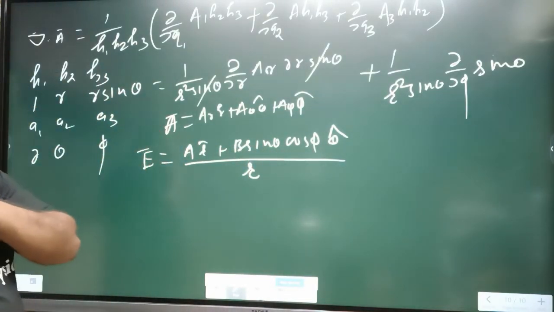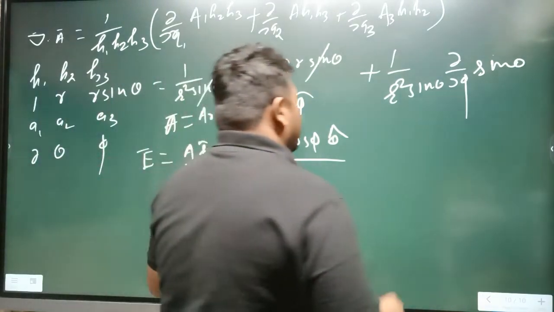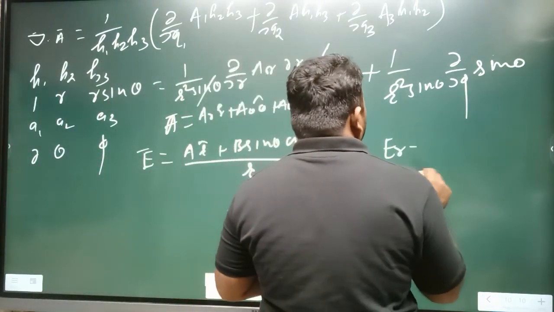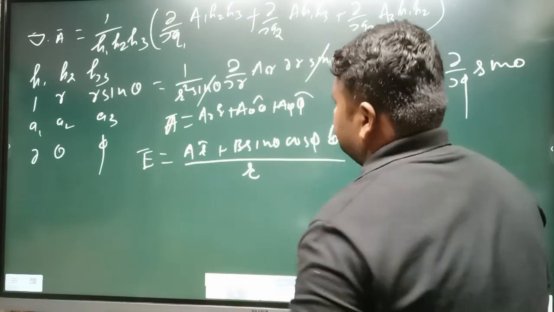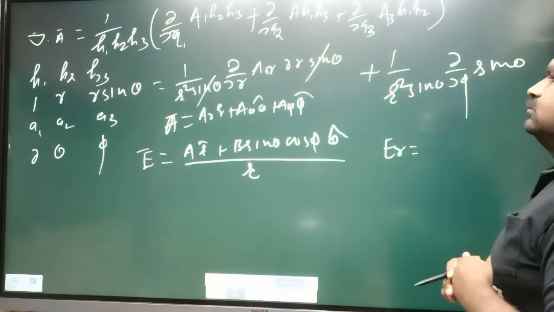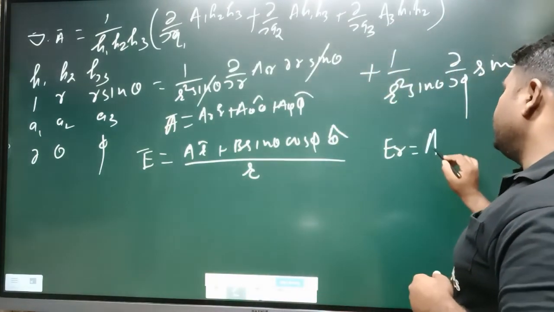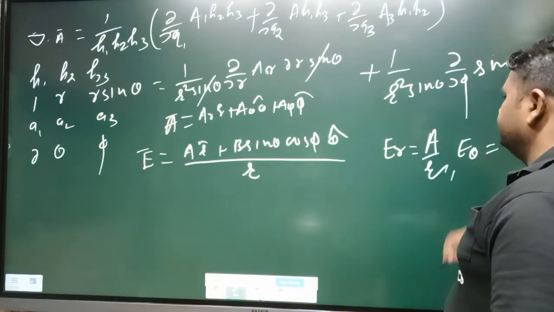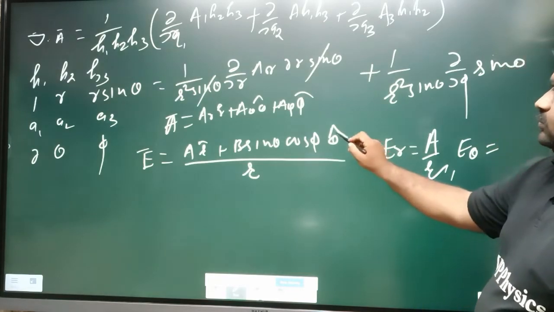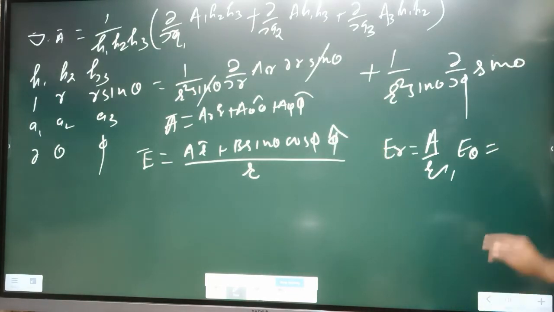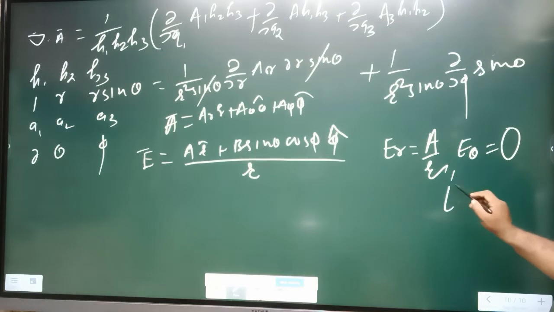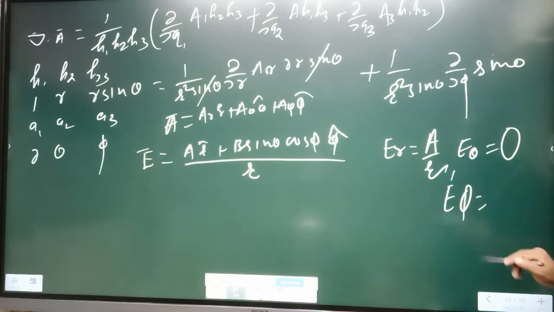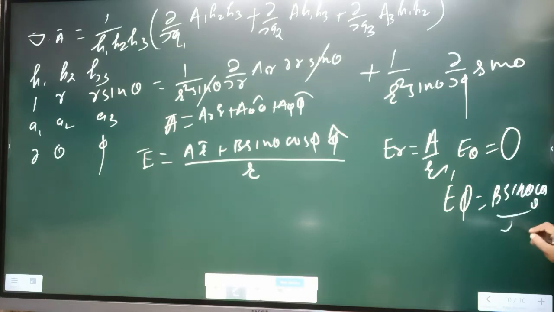R and phi. Means in this case, what is the value of ER? ER value is A by R, not only A, A by R. What is the value of E theta? E theta is 0. E phi is B sin theta cos phi upon R.